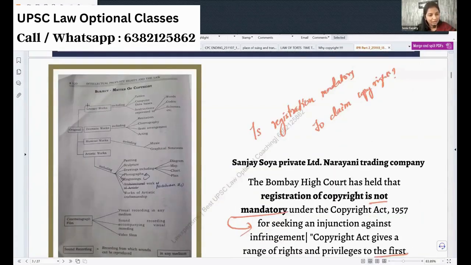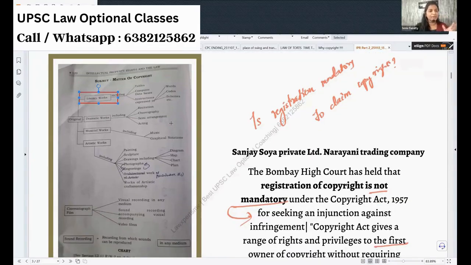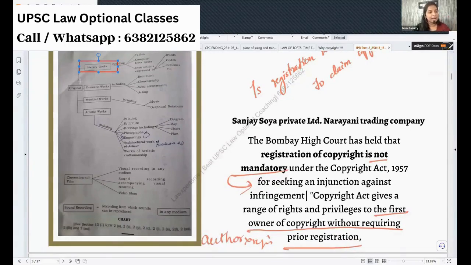When you talk about literary works, it includes things like tables, computer databases, instructions given in words, codes, schemes, everything. And any books, everything. Next, dramatic works means anything like a recitation. It can be a choreography, it can be some arrangement, it can be acting.